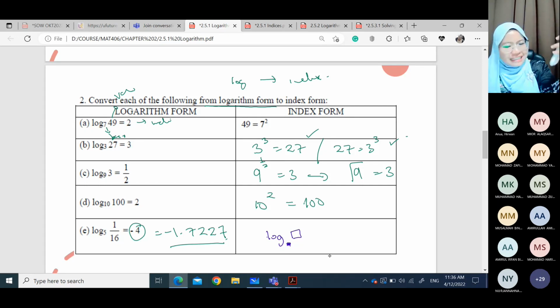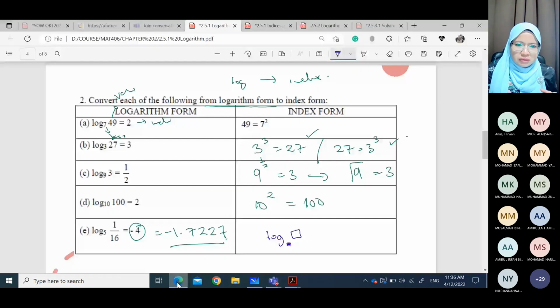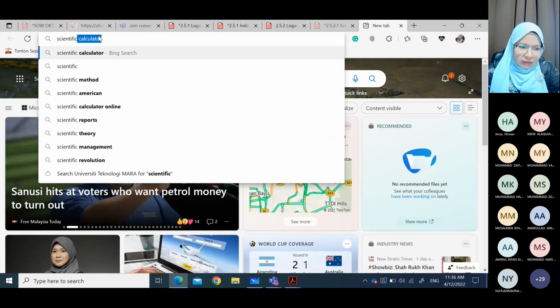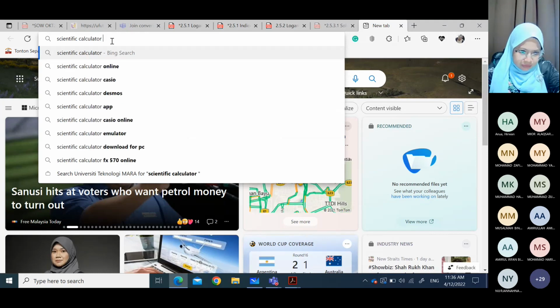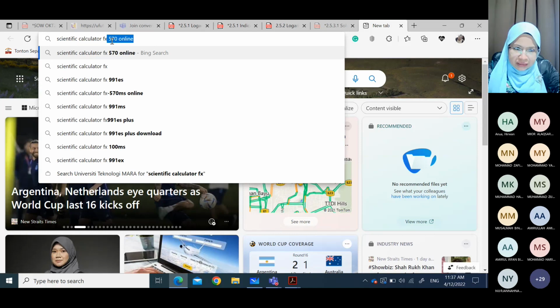Saya pakai FX 991 MS. Okay, 991 ni. Sekejap, kita cuba tengok dekat ni. Calculator. Scientific calculator. Model apa? FX 991 ES.